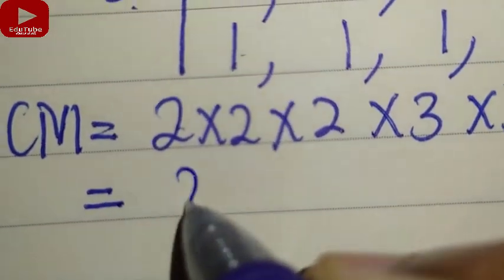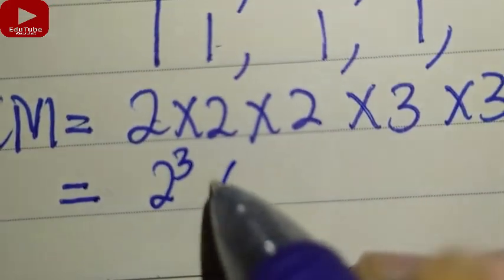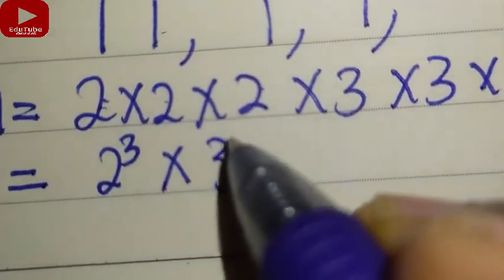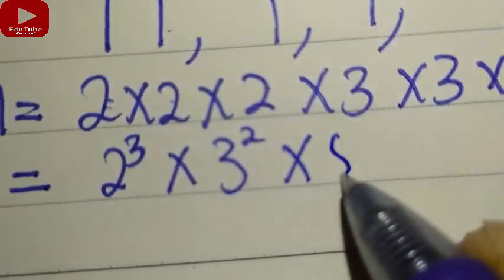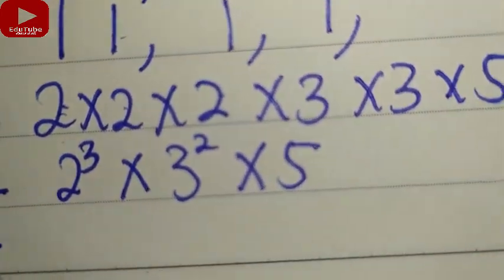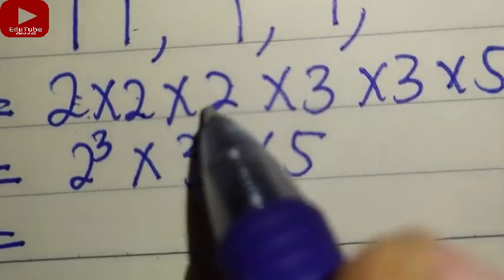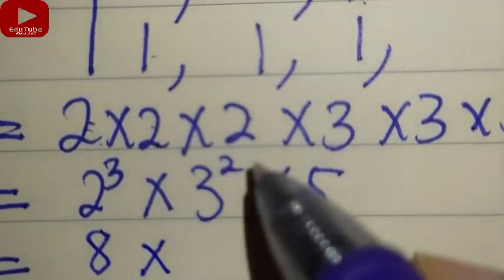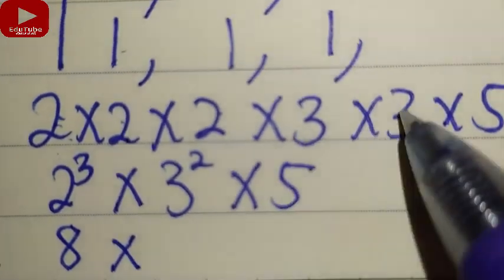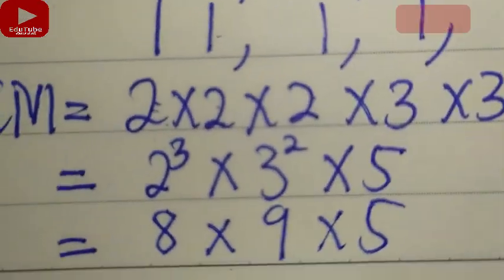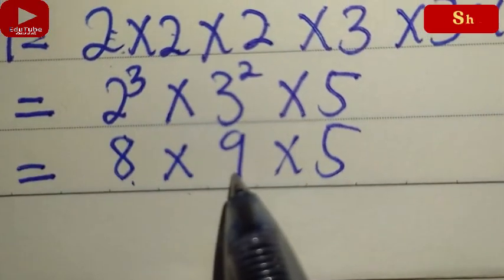So that will be 2 raised to power 3, because 2 is in 3 places, times 3 raised to power 2, then times 5. Now 2 raised to power 3 will give us 8, because 2 times 2 is 4, and 4 times 2 is 8. And 3 raised to power 2 will give us 9, because 3 times 3 is 9, then times 5.